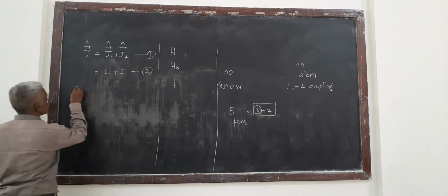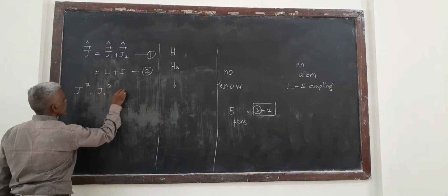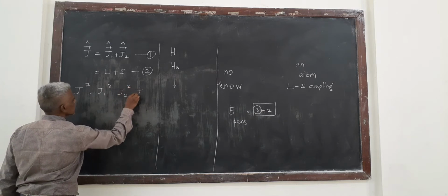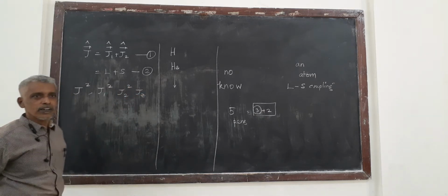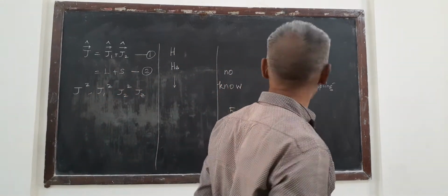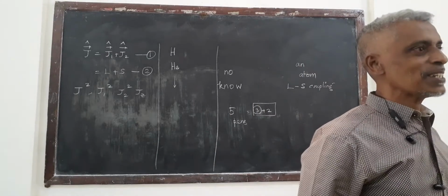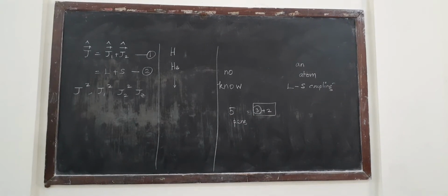Now, after this, we know J square, J1 square, J2 square, Jz. What else can we go for? J square, J1 square, J2 square, Jz. You are having it in your notes, I hope. Yes, it's in the notes.